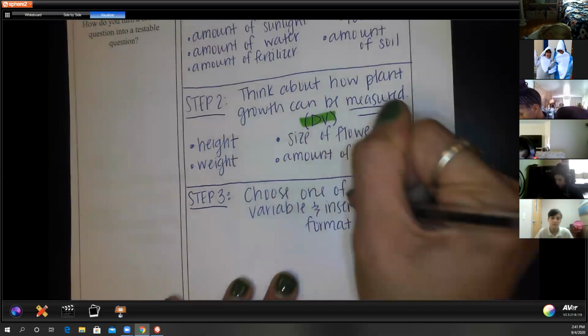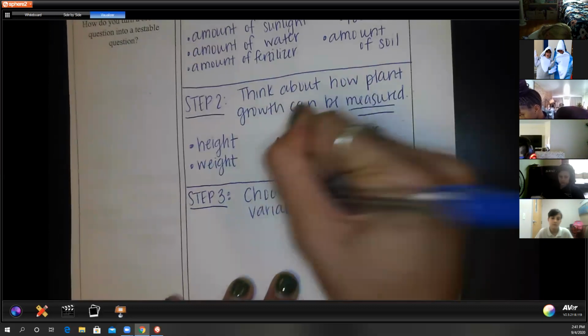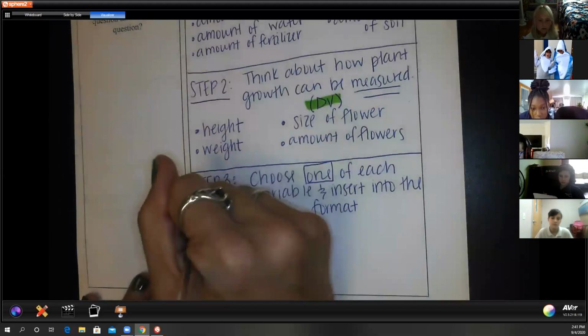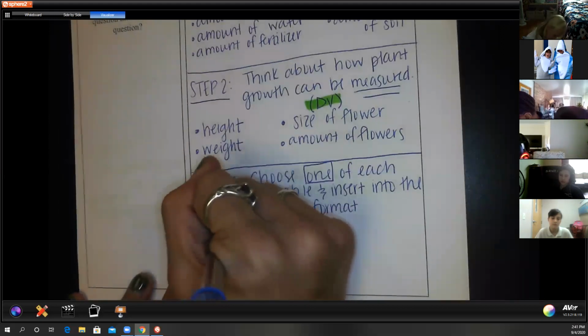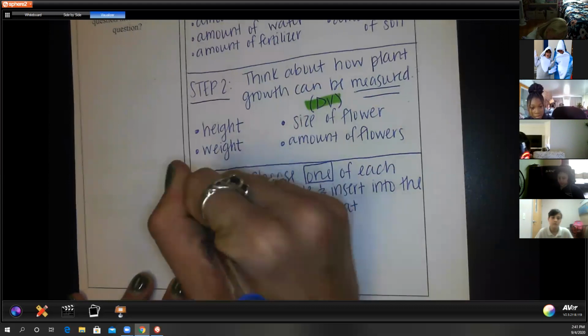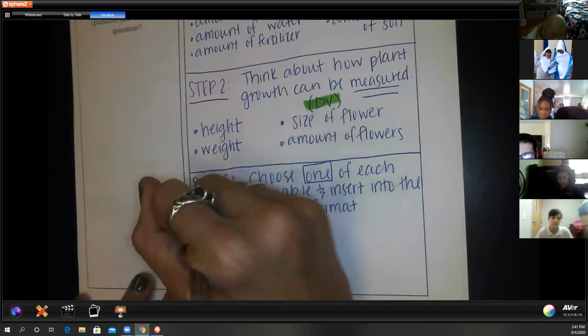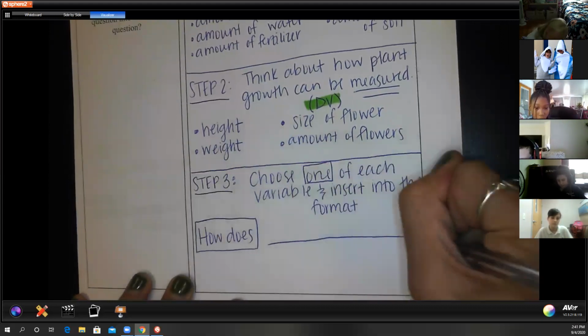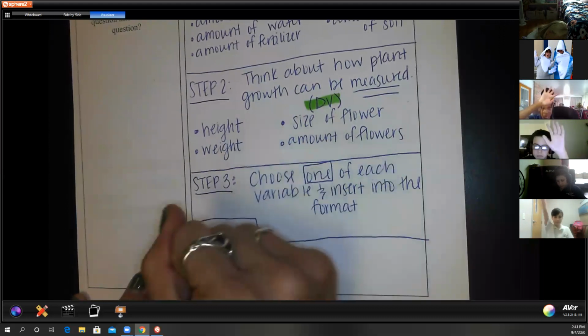Choose only one of each. So it should look like this. I always start with my how does, right? What other word goes in a box? Effect.